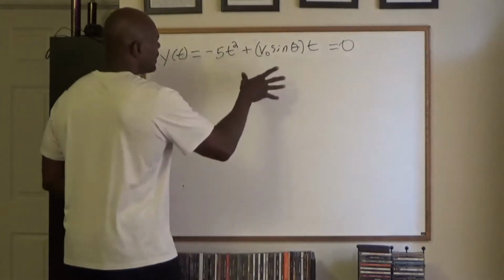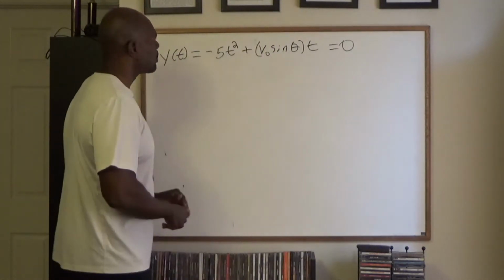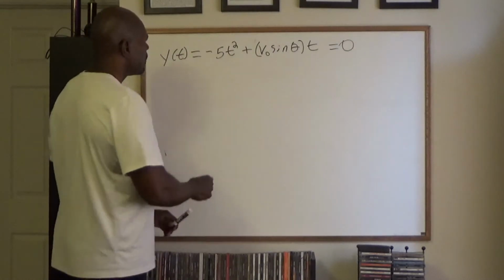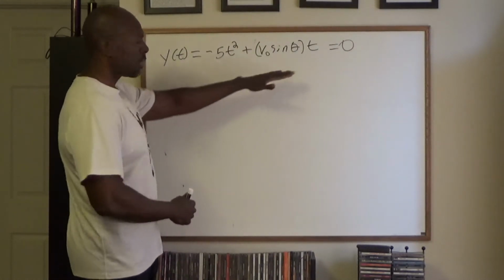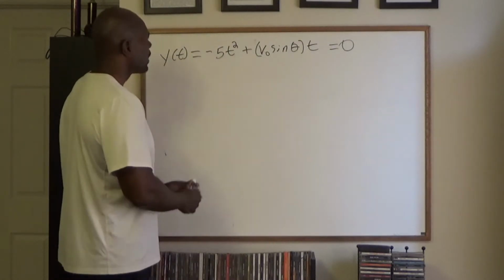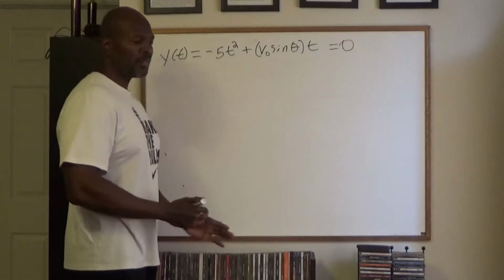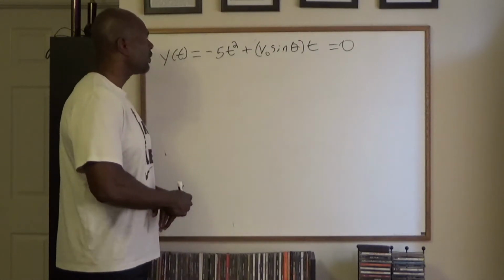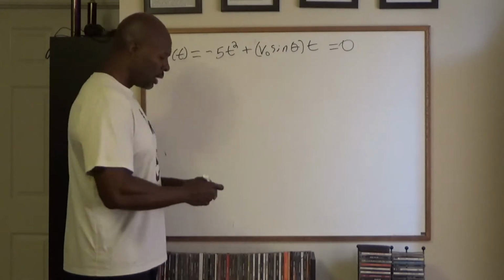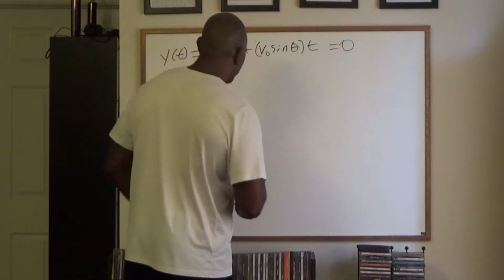Now, this may seem like a very difficult problem to solve, but really it's not. This is a quadratic equation, and I'm trying to solve for t here. There are a couple of different ways I can solve it. One way is using the quadratic formula.